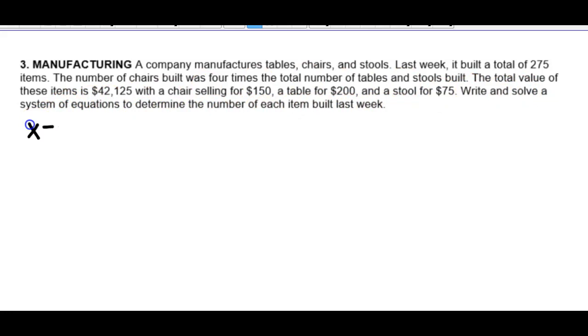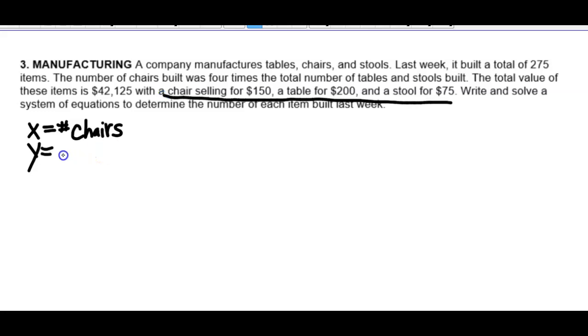So we have X equals number of, I'm going to go chairs. Y equals, I'm looking right here, tables, number of tables. Whoops, tables. Can't spell either.